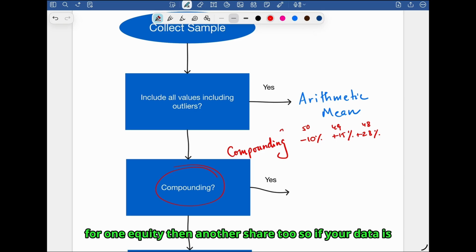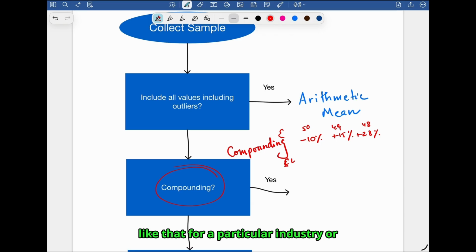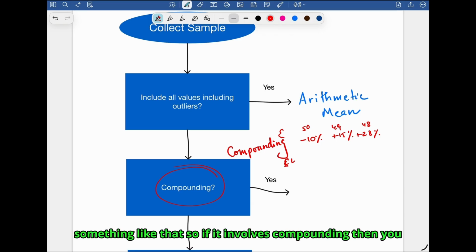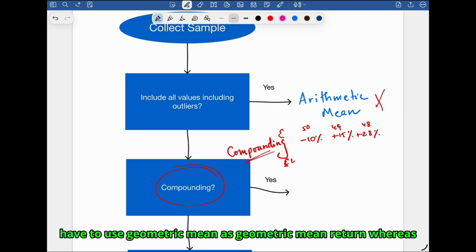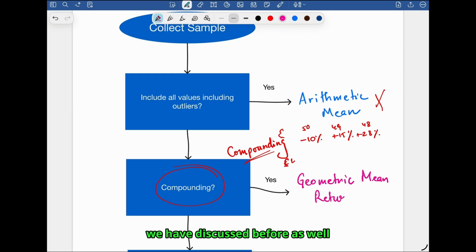This is for one equity, then another share too, or for a particular industry. If it involves compounding, then you cannot simply use arithmetic mean. You have to use geometric mean return, as we have discussed before.